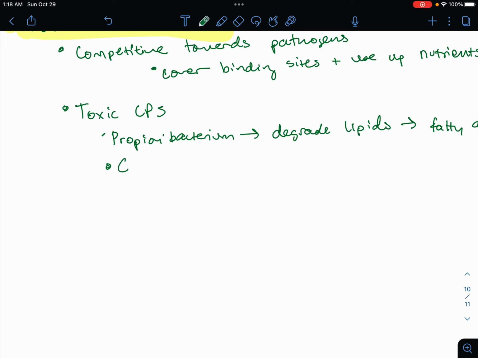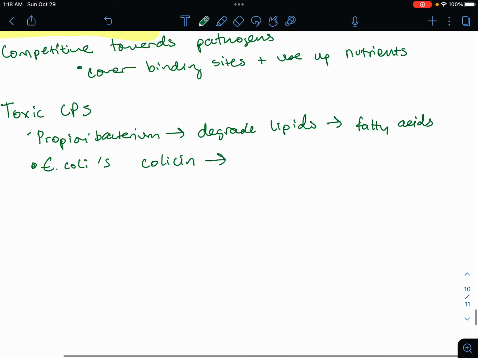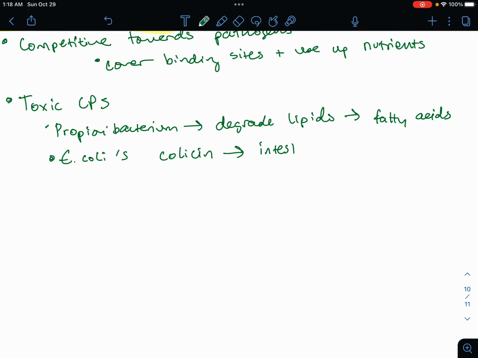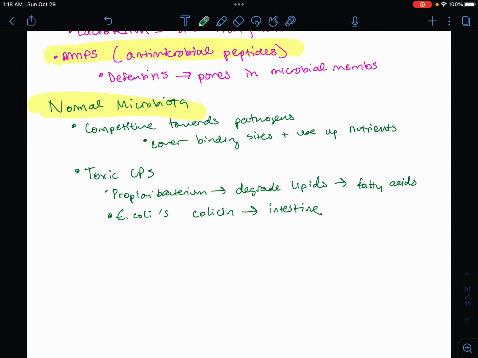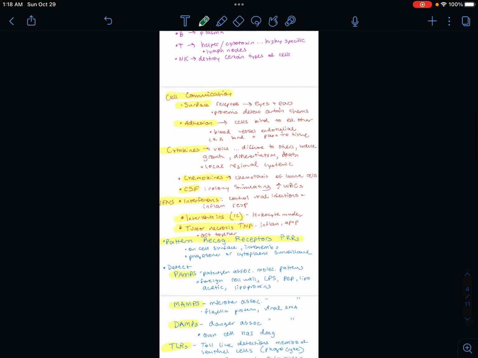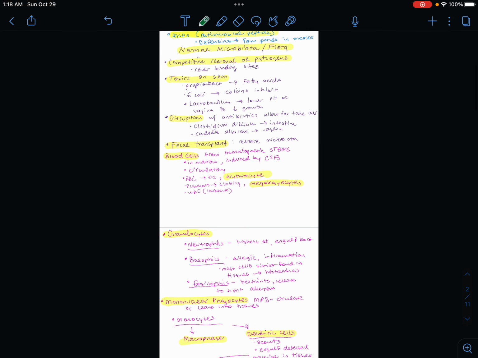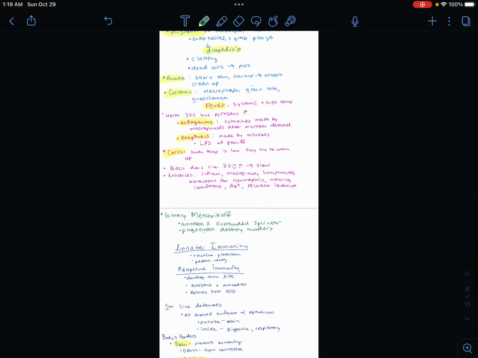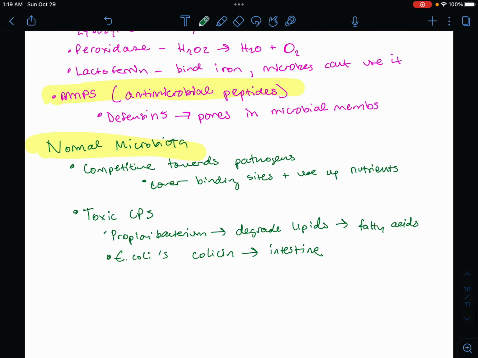E. coli will actually synthesize something called a colicin, and this is going to be in the intestinal tract. It's a protein, again a degrading protein towards other microbes, so it's able to compete. It's able to inhibit the growth of others.